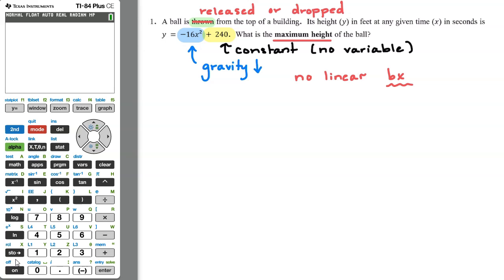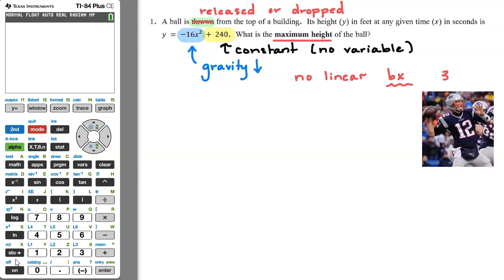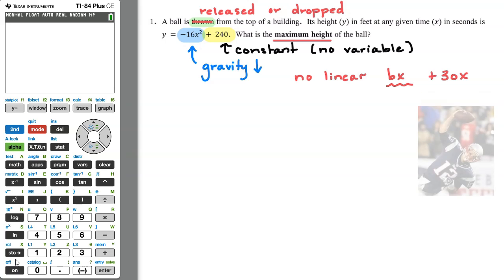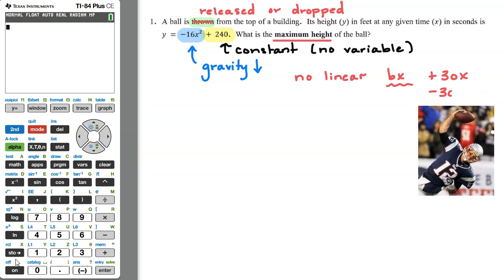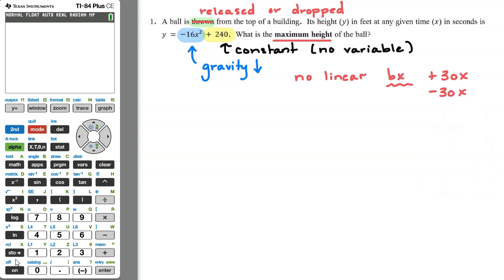If it were being thrown, we would expect to see some kind of a term such as plus 30x, or perhaps if we were throwing the object downward, we might see minus 30x, where we launch the rock downwards towards the ground. But we don't see any term like that. In fact, we see no linear term at all. So the ball is actually being released or dropped from the top of the building.